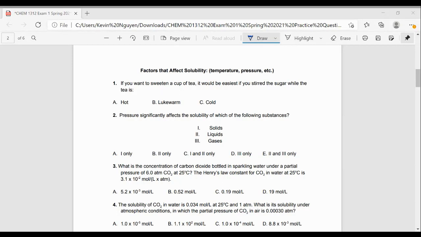Can you explain this? Okay, yeah. I'll go ahead and open up the whiteboard real quick. All right, so we're told that we have a Henry's law constant, so we're going to think to use Henry's law.